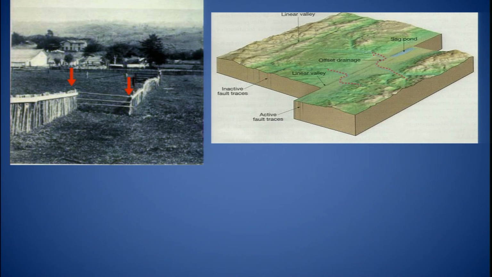Now, as we move further in this lecture, we will talk about how we are going to use the offset of streams, and in what condition you will be able to see the formation of sag ponds, and the third one we took was the pressure ridges.